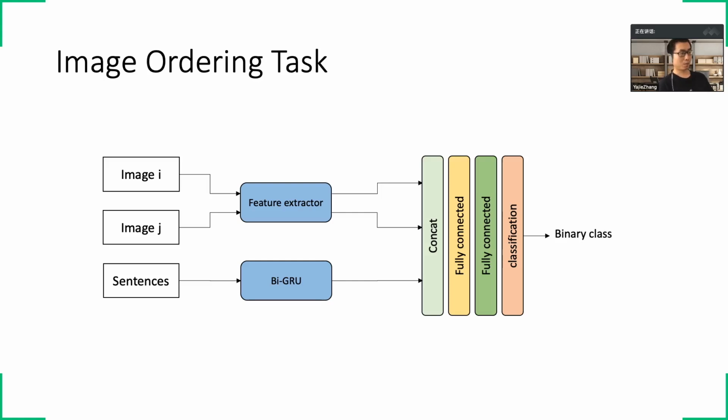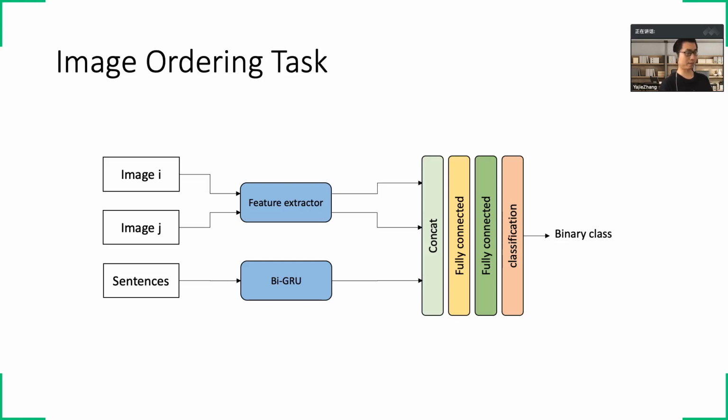The input of the model is two images and the corresponding video step descriptions. First of all, our model extracts the features of the images and text, and then concatenates the features and feeds them into a binary classifier.